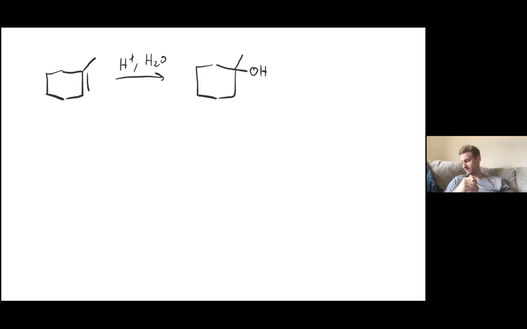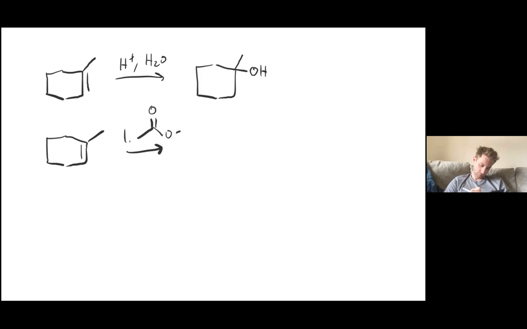If we use a different set of reagents, the first one is to be using what's called a peroxy acid. Essentially what that is is a combination of a carboxylic acid and a peroxide.